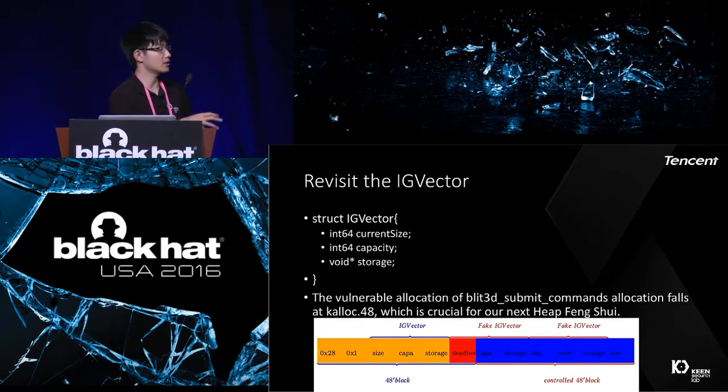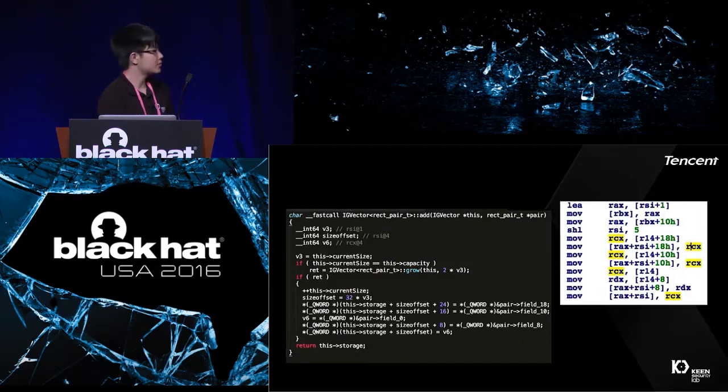But unfortunately, when the OOB occurs, it goes right behind this benign IG vector, and the dead beef and the blue regions are interpreted as another fake IG vector. And in the IG vector add function, we can see that we can utilize it to achieve an arbitrary write anywhere, but the value is constrained, and we cannot write an arbitrary value.